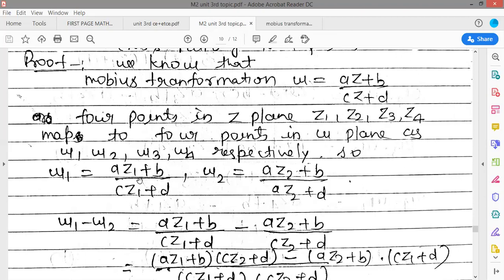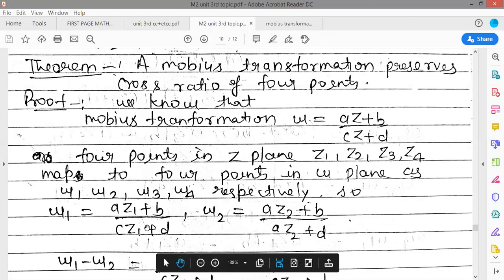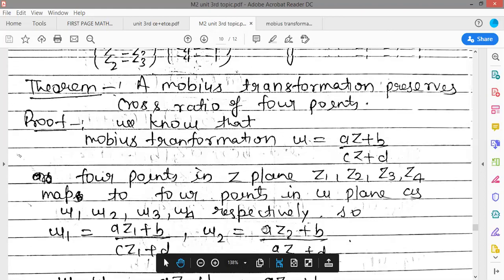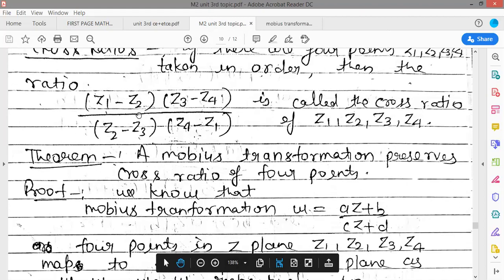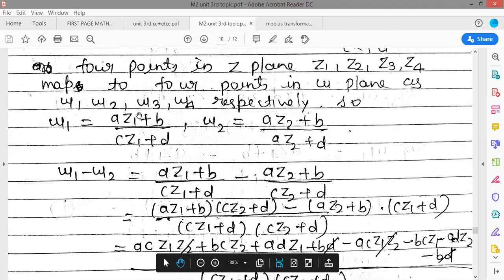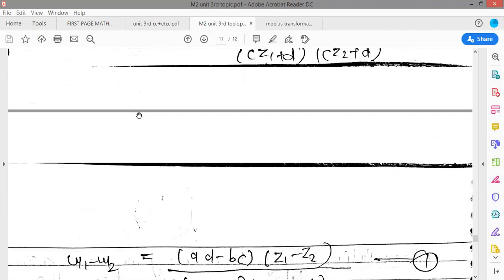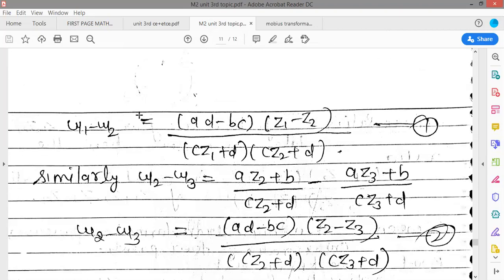So w1 is (az1 plus b) upon (cz1 plus d), and similarly w2, w3, w4. Now check your cross ratio. We need to find w1 minus w2. After calculating all these terms, you will get w1 minus w2 equal to this one.